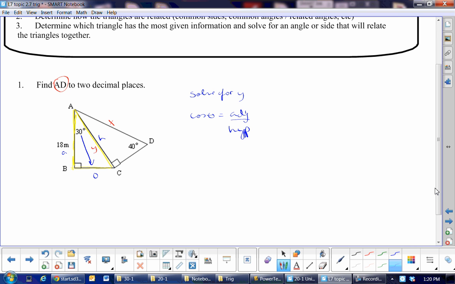Okay, so let's fill in the stuff we know. Cos 30 degrees equals 18 over y.